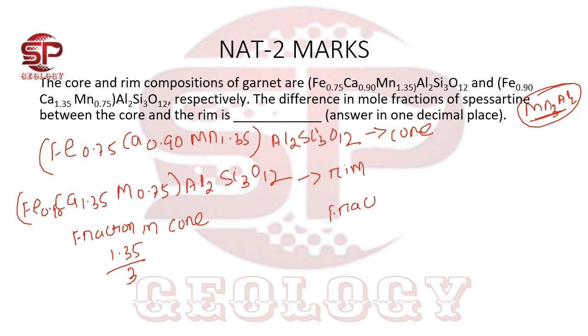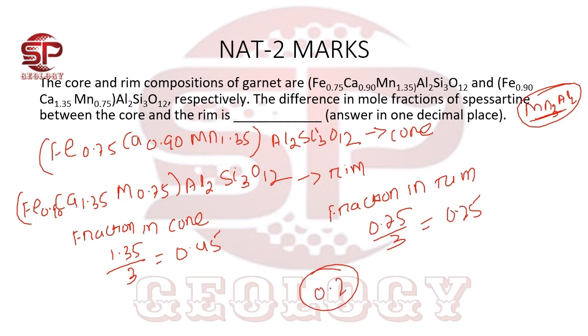Then fraction in rim will be 0.75 by 3. So core fraction will be 0.45 and rim fraction will be 0.25. The difference will be 0.2.